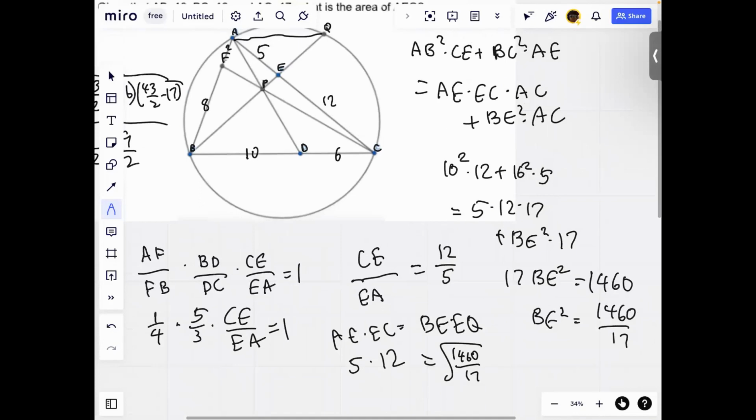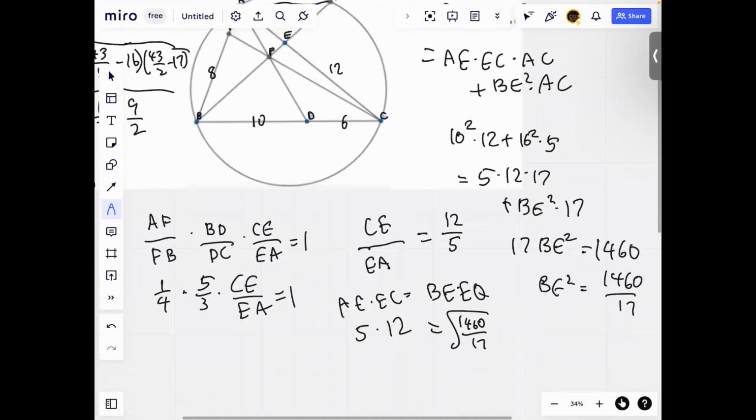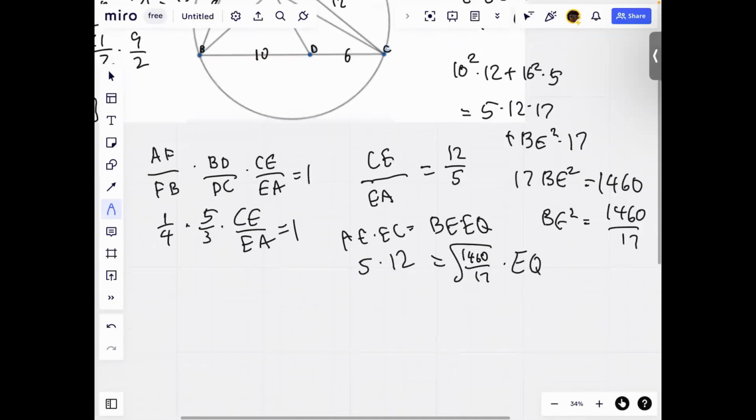So then we can find EQ, and EQ is 60 times the square root of 17 over 1460.